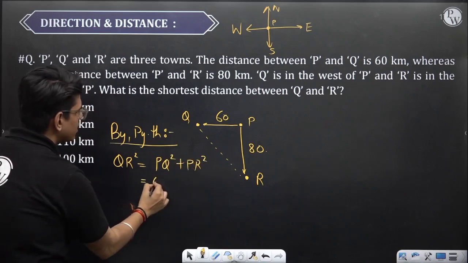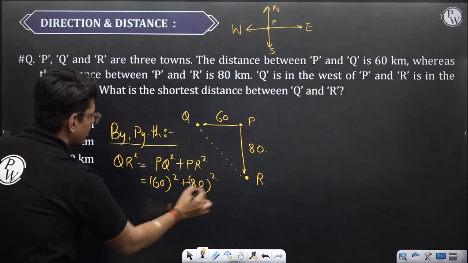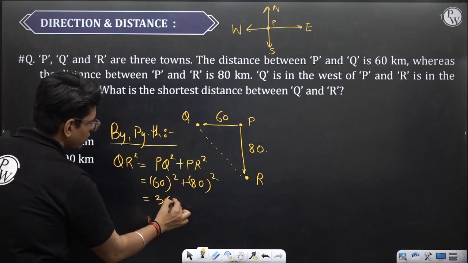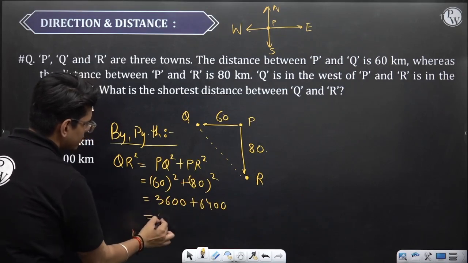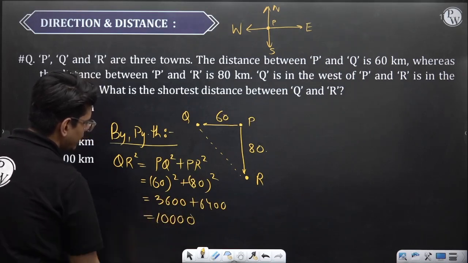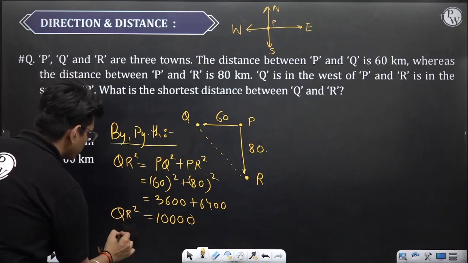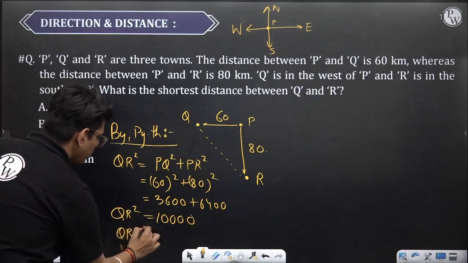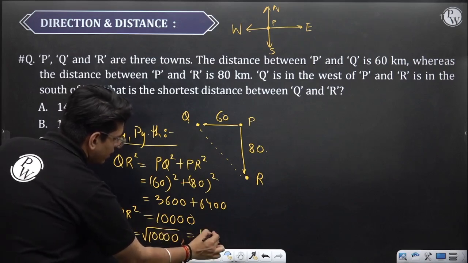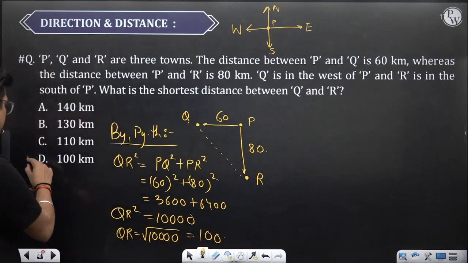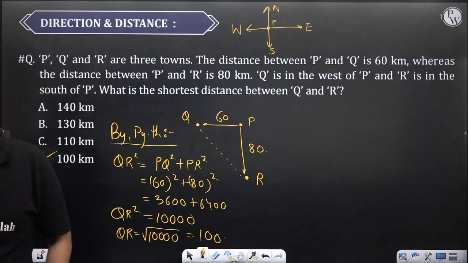This is nothing but 60 square plus 80 square. This is nothing but 3600 and this will be 6400. In total, this is nothing but 10,000. So QR square is 10,000. So QR equals root of 10,000, which will be 100. So 100 is your answer. So option D is our answer, right?